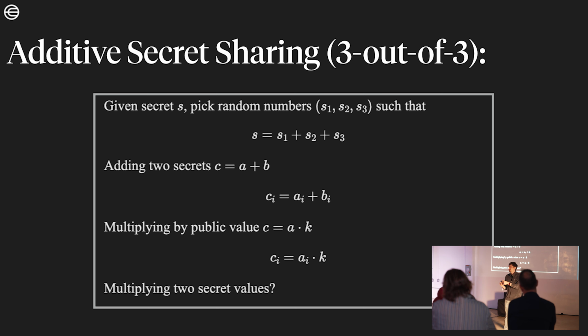And now, what they end up with is a secret share in the outcome, in the sum. We can do the same for multiplying it by a publicly known value. But how do we multiply two secret values together? This is where things get more complicated. And we do need to solve this, because in order to build arithmetic circuits, we need to be able to add and multiply secrets together. But once we have that, we can basically compute anything we want.